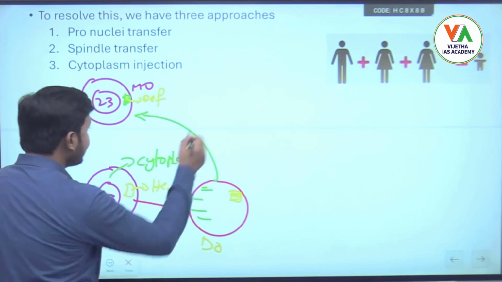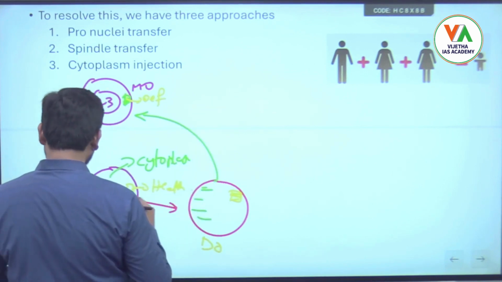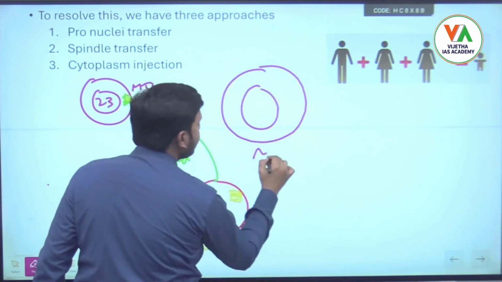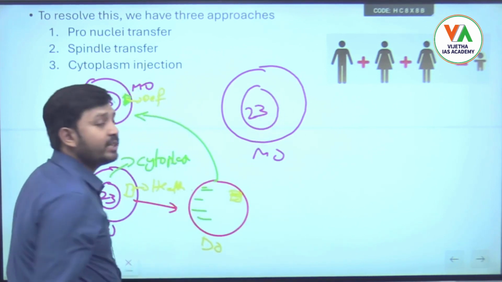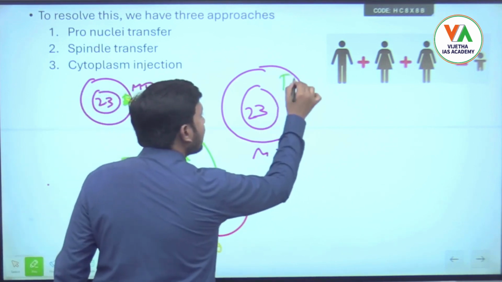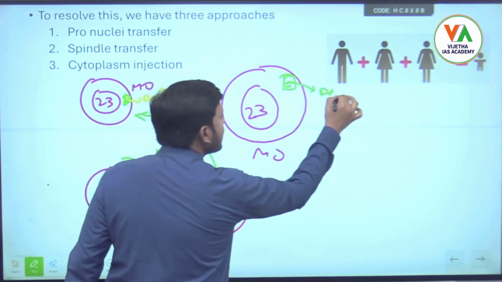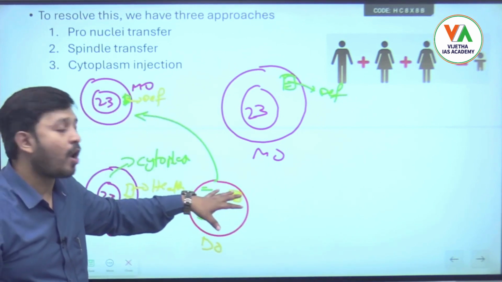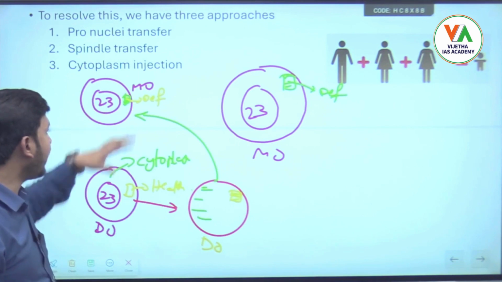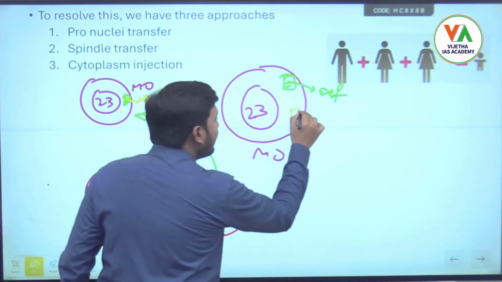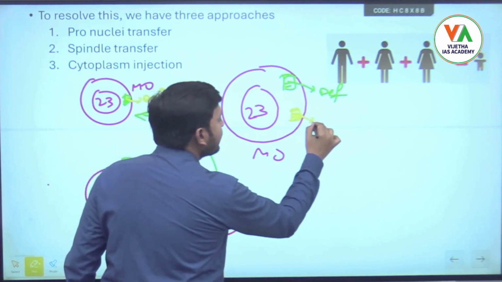So what is the structure we are getting in this case? This is the mother's ovum, having 23 chromosomes. With this one, mother's defective DNA is also there, but as I am transferring the entire cytoplasm of the donor along with the mitochondria into mother's ovum, we are having the cytoplasm of the donor along with the mitochondria.